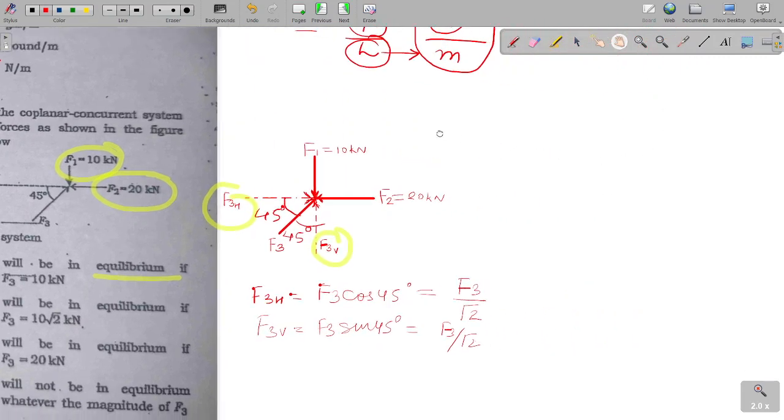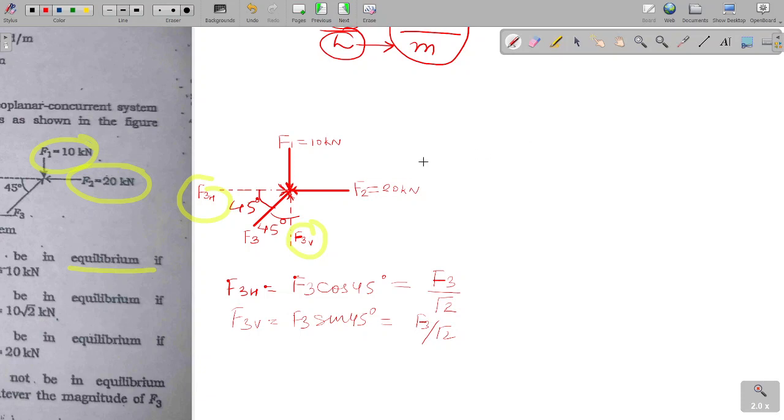So establishing the equilibrium, the horizontal force F2 must be balanced by the horizontal component of F3. So making sigma Fx equal to 0, F3 horizontal is equal to F2. So F3 by root 2 is equal to 20 kilonewton. So F3 is equal to 20 root 2.